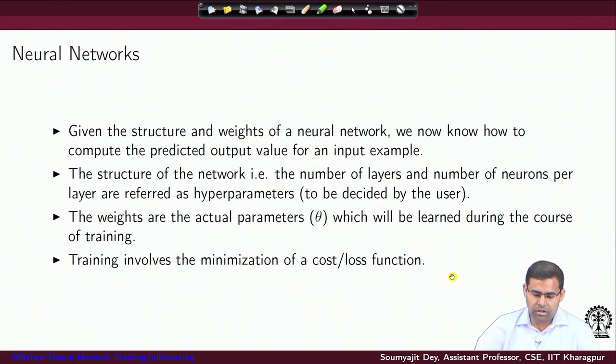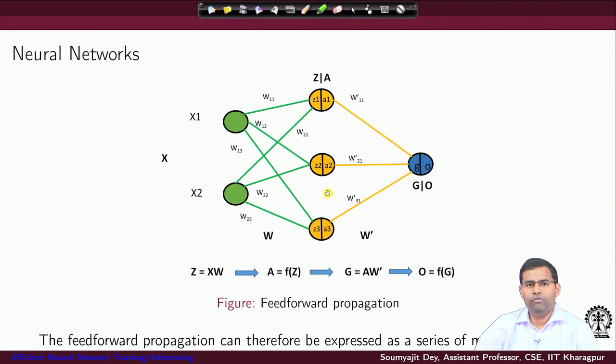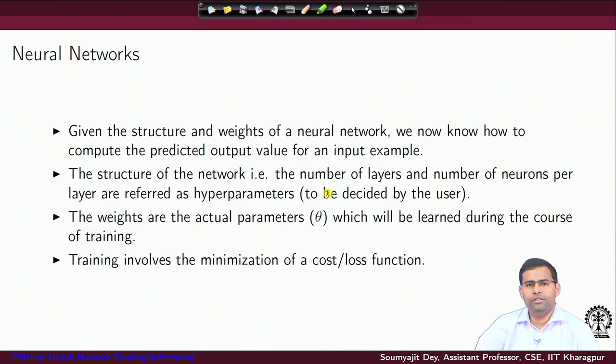Now, this structure of the network, that is the number of layers, the number of neurons per layer and the entire architecture, is what we denote mathematically as the hyperparameters, and the weights represent the actual parameters which we want to learn.